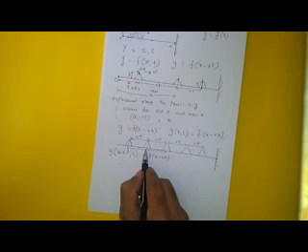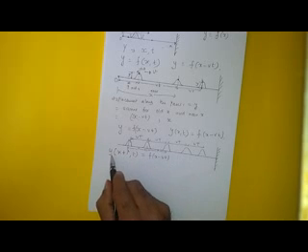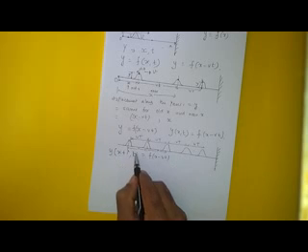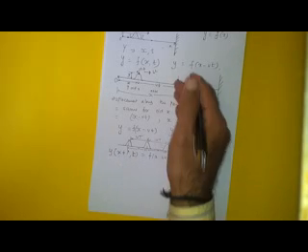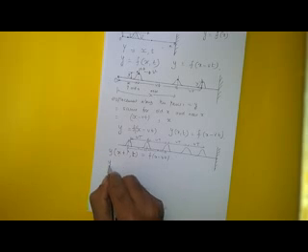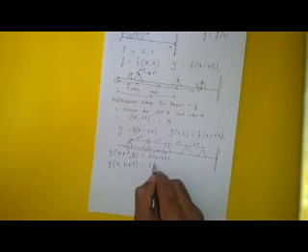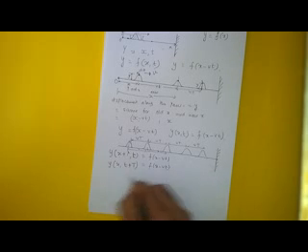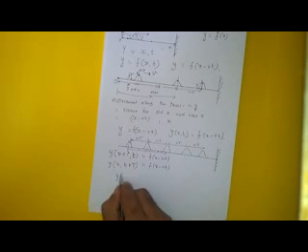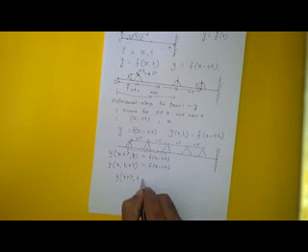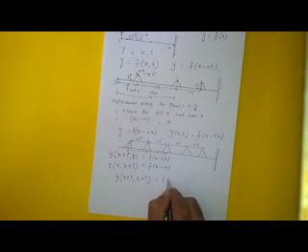So every time I move by distance lambda, I get the same value. Therefore y(x plus lambda, t) is a function of x minus vt, which we had already done earlier. And also y(x, t plus T) is a function of x minus vt. And this I can put together and write y(x plus lambda, t plus T) is a function of x minus vt.